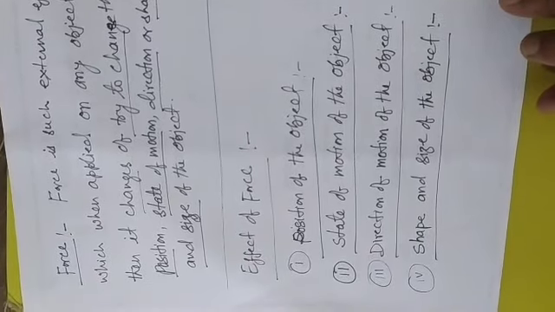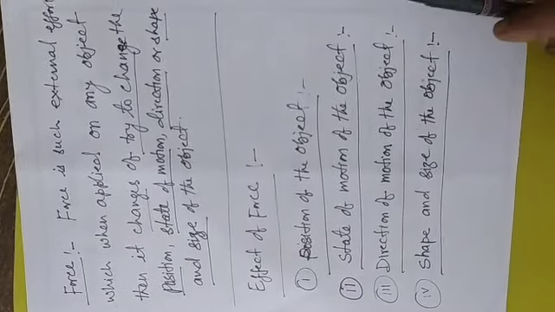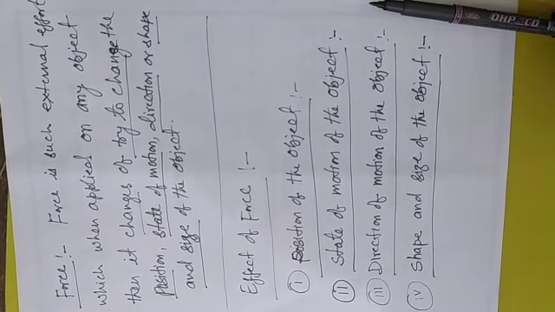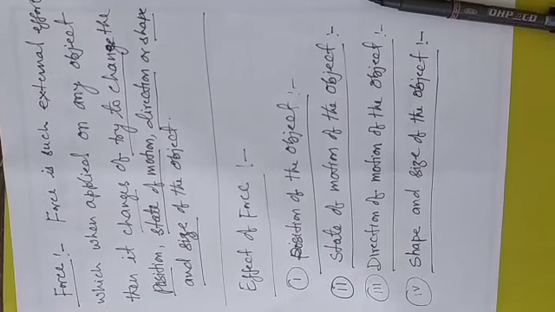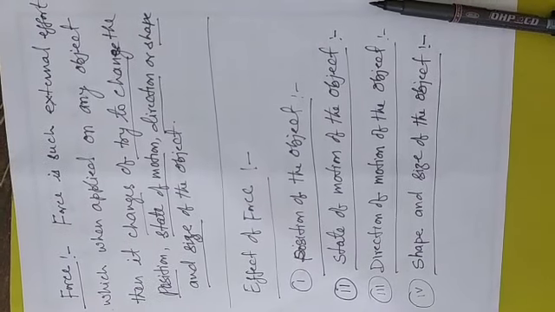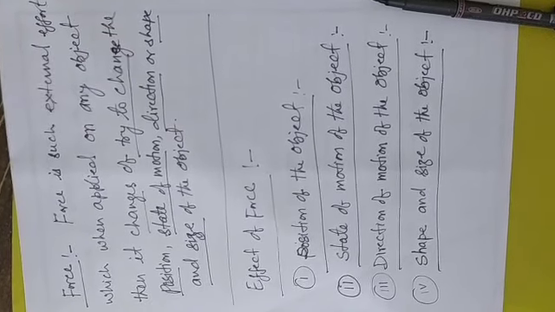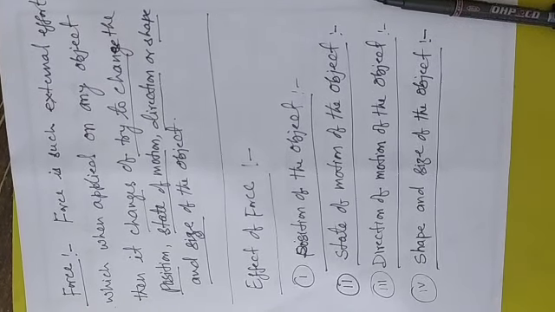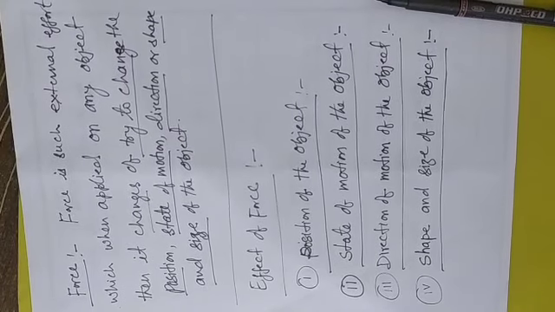This becomes clear by an example. If there is low air pressure in your volleyball or football, then by pushing it with your feet or by your hand strongly, you can change the shape of the ball.